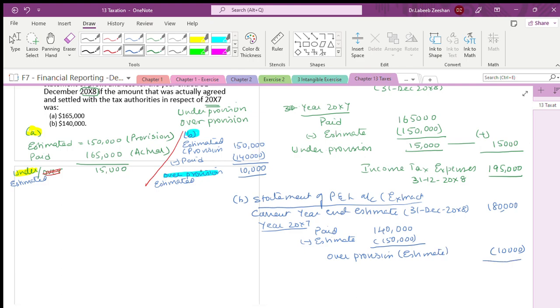How much do you have to pay? This year income tax expense will be how much? This is the income tax expense.